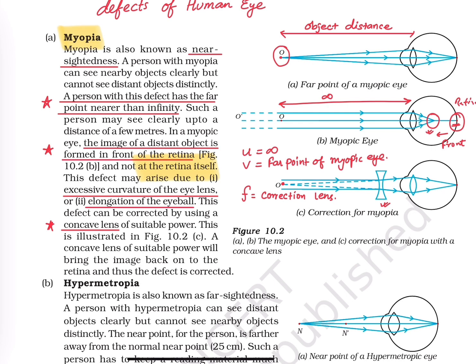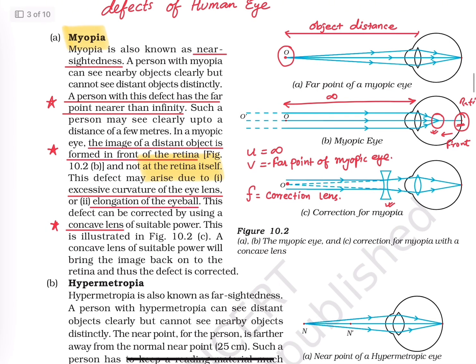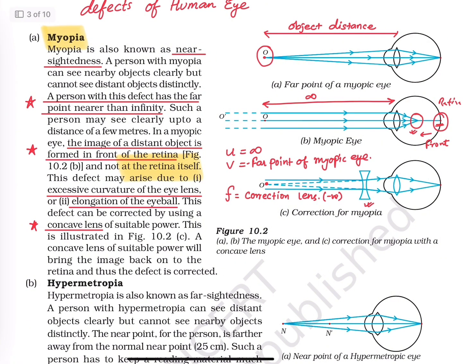While considering this, we also have to be clear that v will be considered negative. And when v is considered negative, obviously the focal length of the correction lens will also be negative. Okay, so this is all we have to remember while solving the numerical.